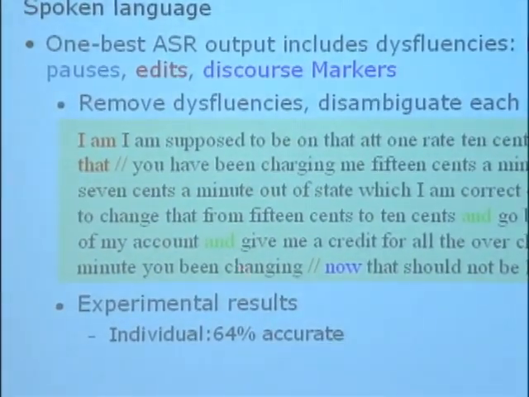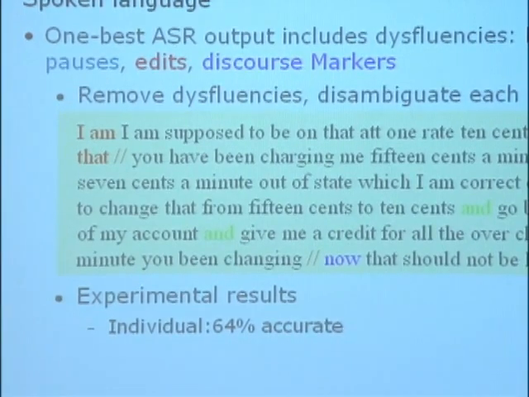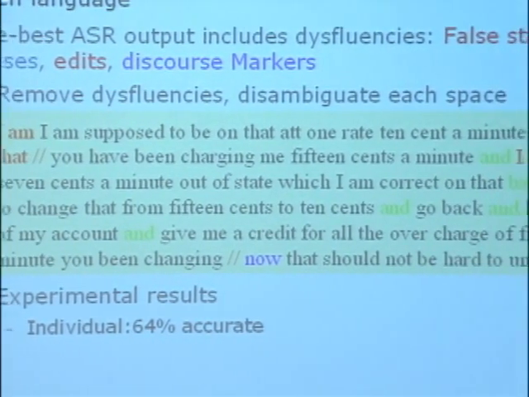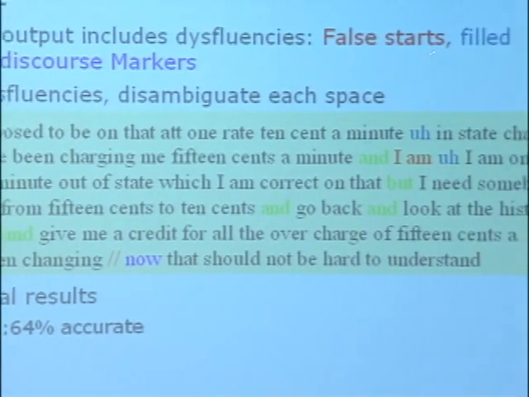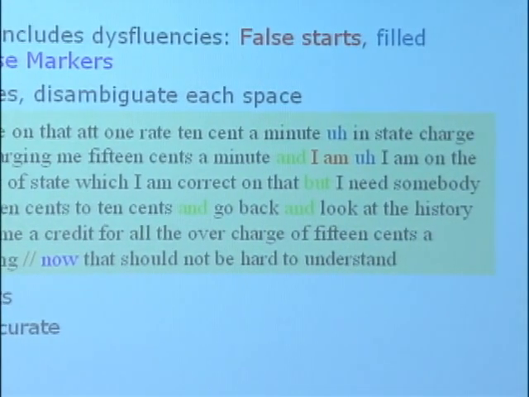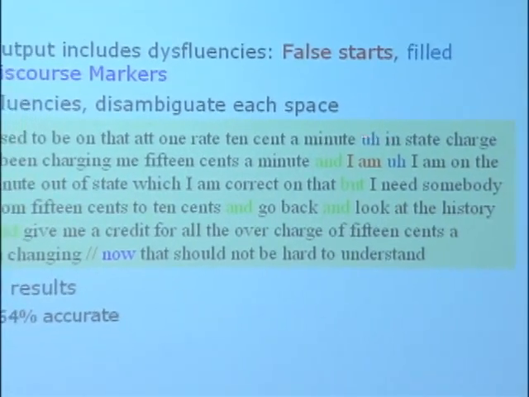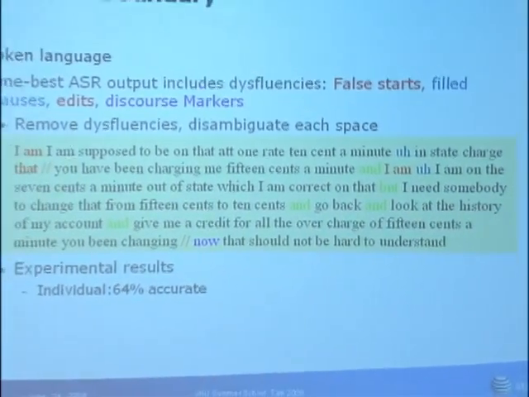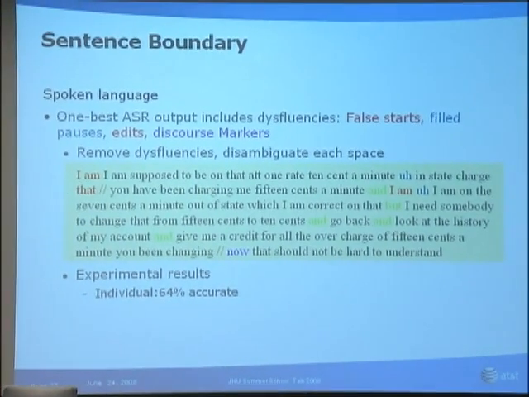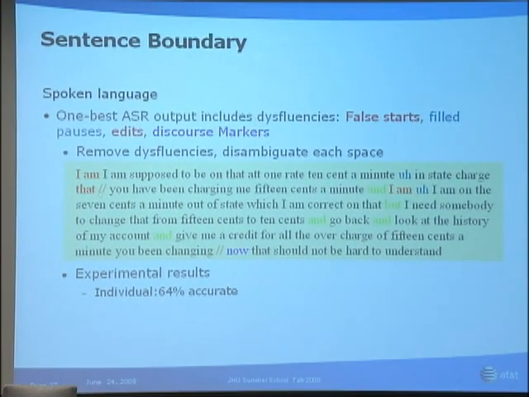And you have to start making sense of this barrage of words, and things I talked about: false starts, pauses, there are dead pauses, filled pauses like this. Edits, things that the speaker is editing out, or discourse markers, which are good clues as to where to break them into clauses or some smaller units instead of taking this whole, maybe 50-word sequence and trying to make sense of it.